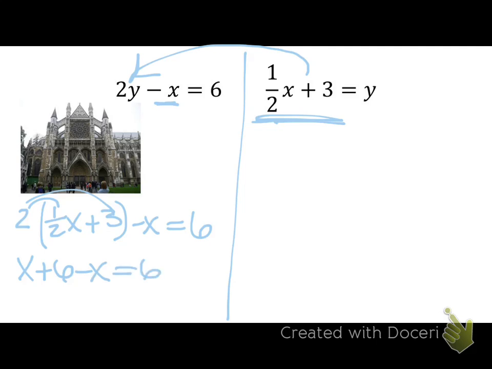Now we combine our like terms. x plus negative x, well, those will just cancel. Does 6 equal 6? Yeah, it does. So our answer is going to be infinite. If they wouldn't have equaled each other, say it would have been 5 equals 6, or 0 equals negative 1, anything like that, our answer would have been no solution. Kind of like how it was in the graphing section.